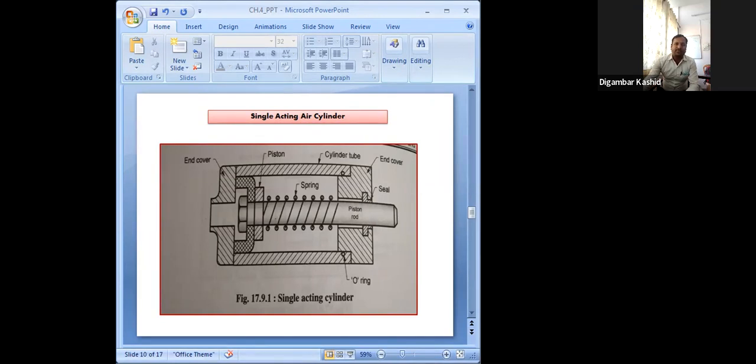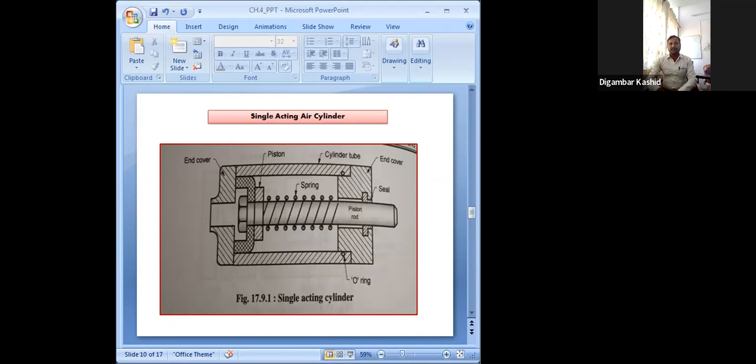If you consider this schematic diagram, the air will come from this port, and due to that this piston will move towards this direction, and due to the spring, this is a spring return type single acting cylinder. So the retraction stroke will happen due to that spring only.